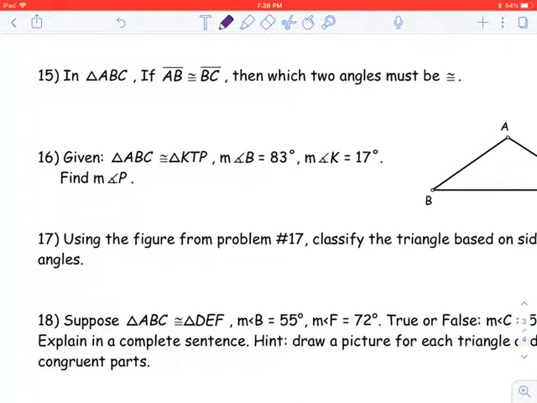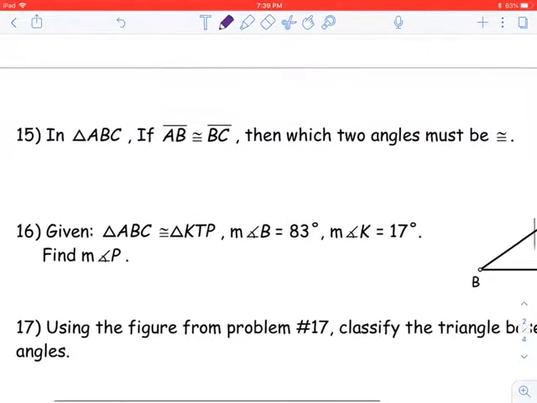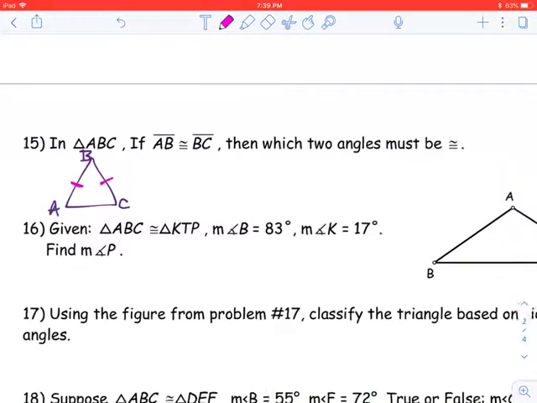15, in triangle ABC, if AB is congruent to BC, then which two angles must be congruent? So let's draw our picture here. So A, B, C. So it says AB is congruent to BC, right? Okay, so if that's the case, which two angles are congruent?